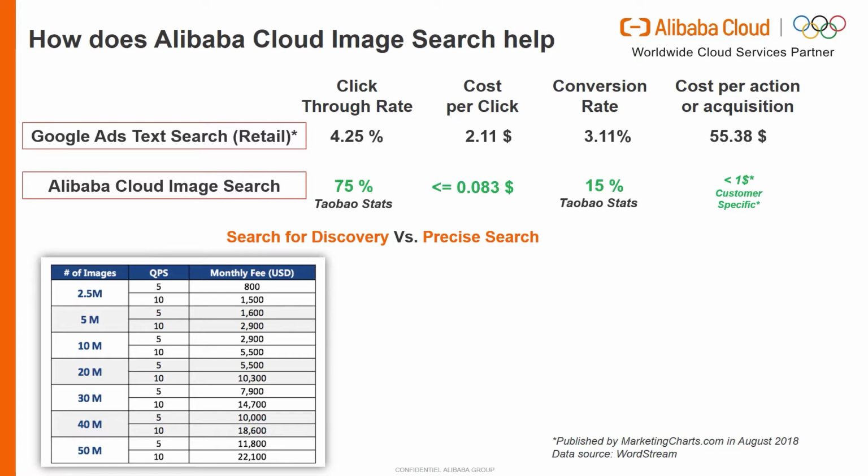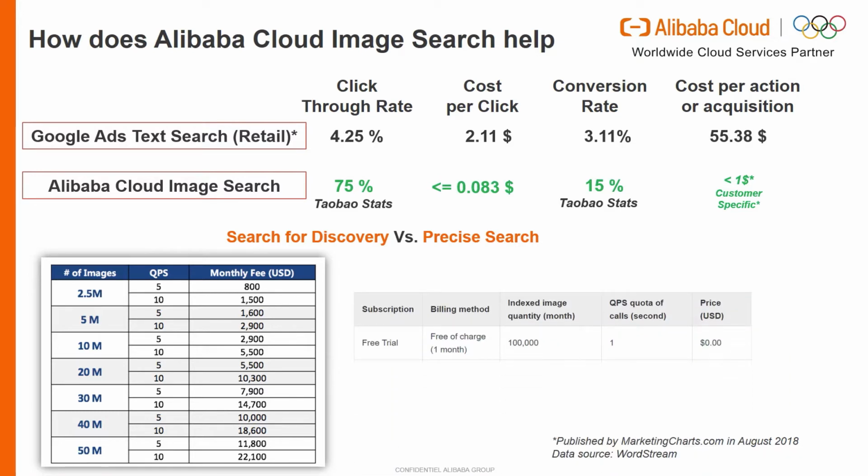So we can start from only $800 per month to offer your customer a very interesting experience. And for who are interested by Alibaba Cloud Image Search, there is free trial version. You have 1 month to try until 10,000 pictures and 1 QPS.